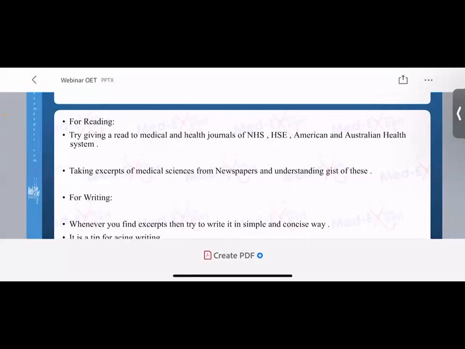For reading, you can take out some topics of medical interest from newspapers or any medical journal especially. First read that excerpt, and then understand what the main crux is, what the gist of the paragraph is. In this way you will understand the reading module.